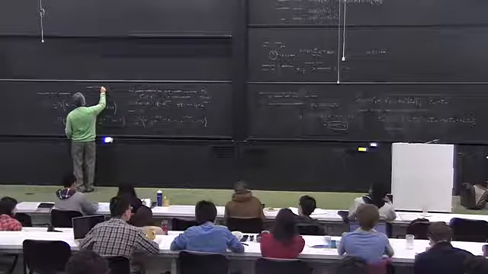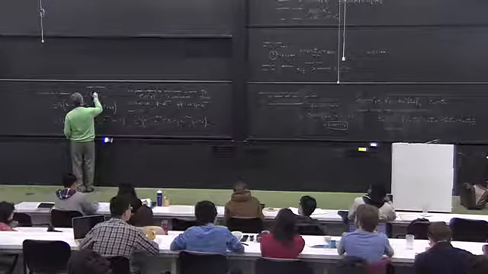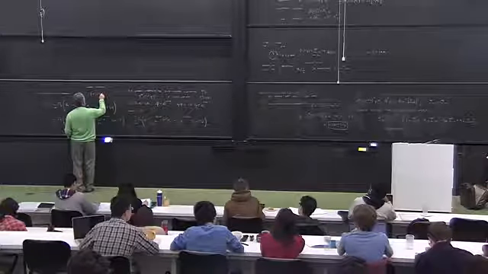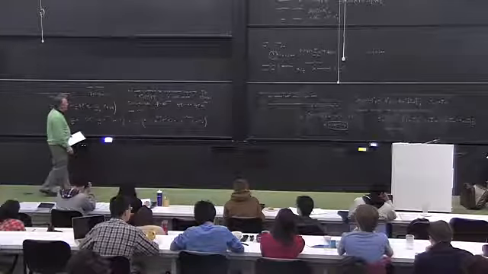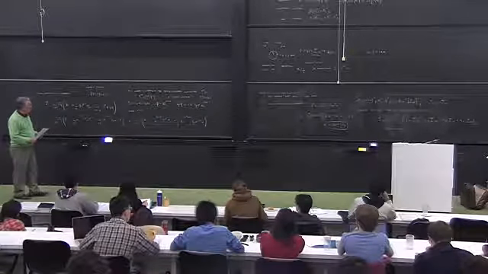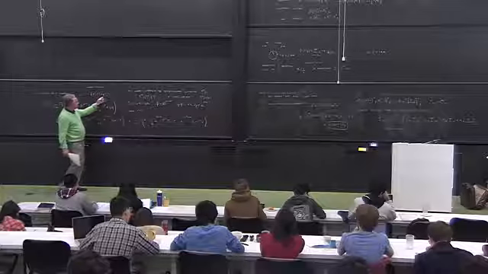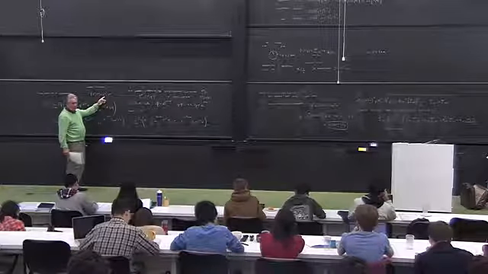That's typically what a Lie algebra looks like, where these are constants that depend on what the algebra is.